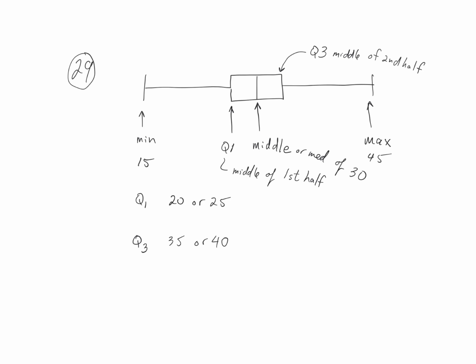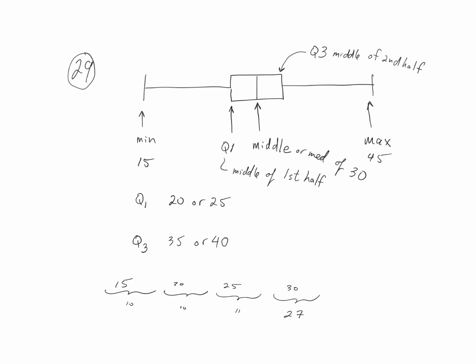Now, here's what we have to do. We know that we're going to have 15-minute commute times, 10 of them. And then we're going to have 20-minute commute times, 10 of those. We're going to have 11 25-minute commute times. We're going to have 30-minute commute times, 27 of those.